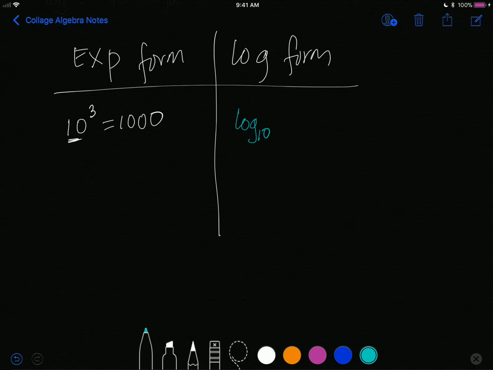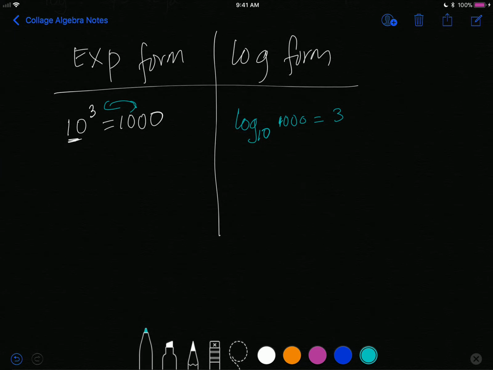This log is considering when we started with an initial base of 10. Then these two numbers switch places, so it'll be log base 10 of 1,000 is 3.